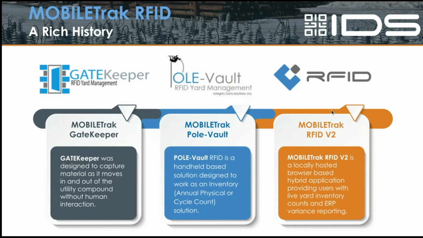So it's a browser-based hybrid application, meaning that we use a browser technology, so it's a smart web page. It uses the cloud to pass the tag data from the reader back to our cloud instance, and then it works with an on-premise database, an application server that runs locally at the customer, which provides us with that ERP integration, right?